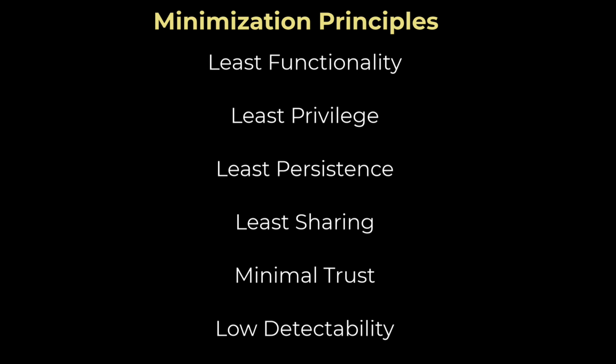Real-world secure systems, from hardened operating systems to high-assurance microkernels, exemplify these ideas by eliminating bloat and operating with tight, minimal privileges. Now, even a minimal, simple system needs robust mechanisms to enforce boundaries. Next, let's discuss how we separate domains and control access within a system, building on these least privilege concepts.